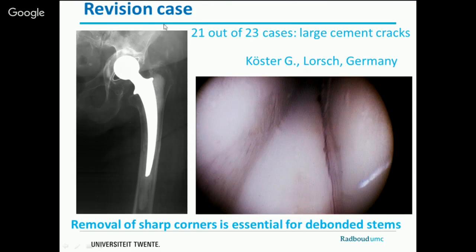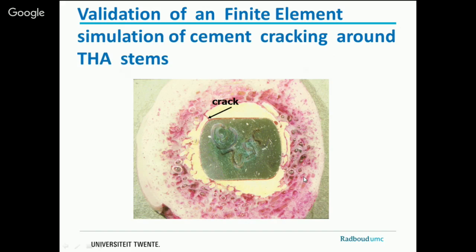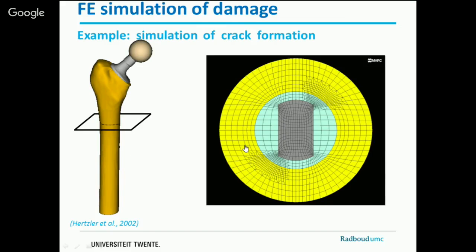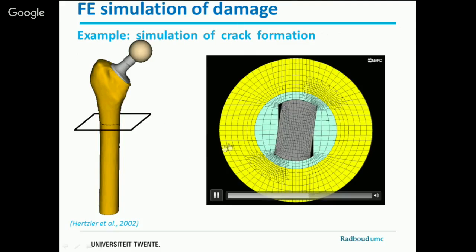Now, this is a revision case, and we also used a camera, and you can see these cracks. It's very clear that it's around the corners of the stem. So we want to predict whether the crack is going to occur and in which situations that happens. So we developed a finite element model, which looks like this, very simple. It's just one slab.